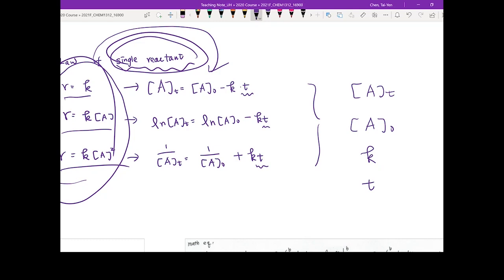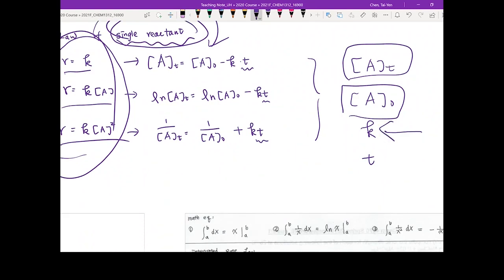And then if you look at this equation, no matter if it's zero, first, or second order, all the equations only contain 4 parameters, which is your initial concentration, highlighted as A naught or A0. That means the initial concentration of your reactant species A. And then the other thing is the concentration of A at a certain time point T. And the third one is your rate constant K. And the fourth one is the time.